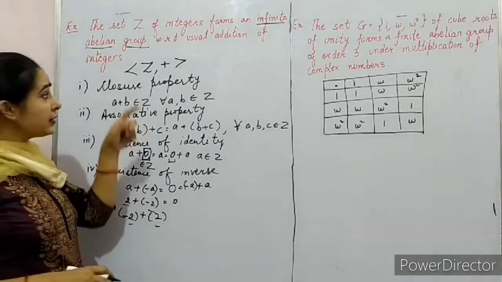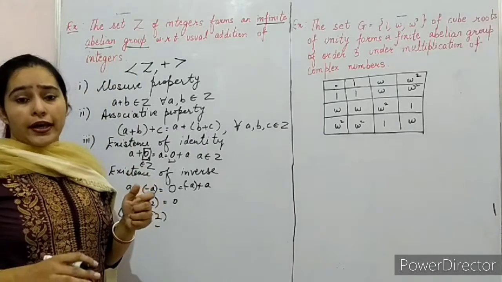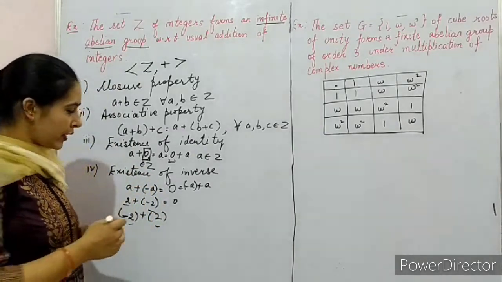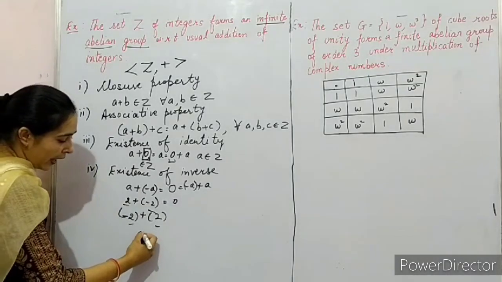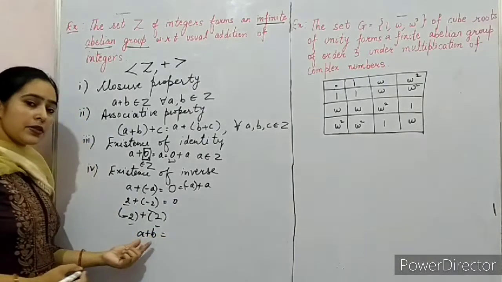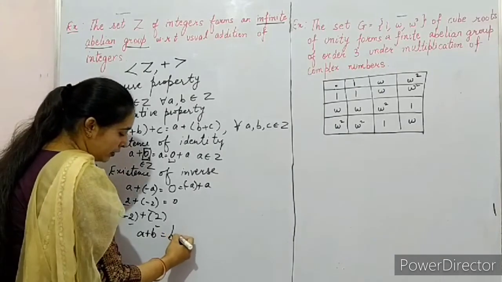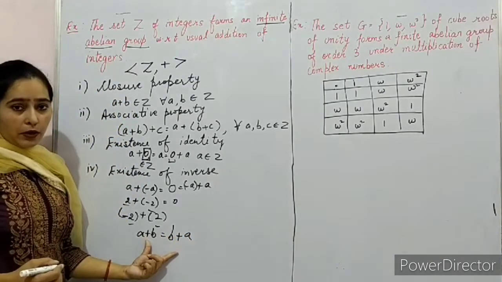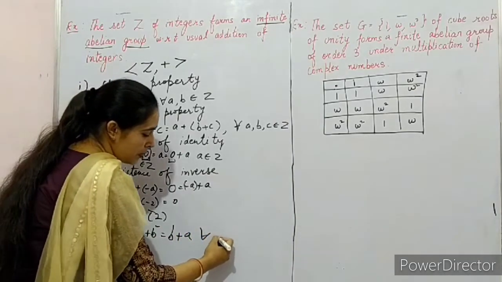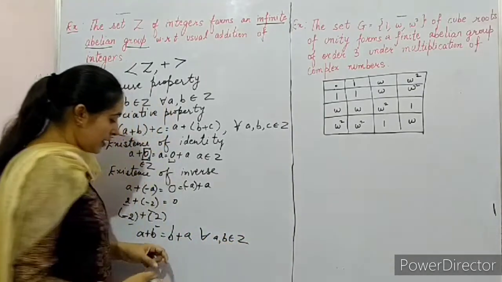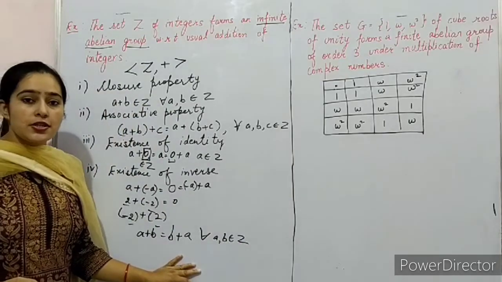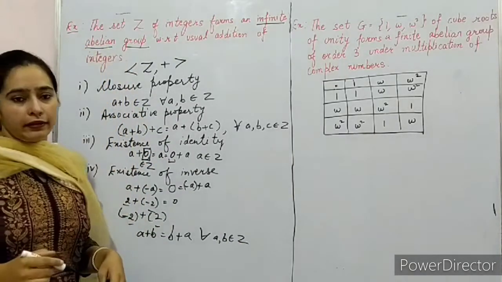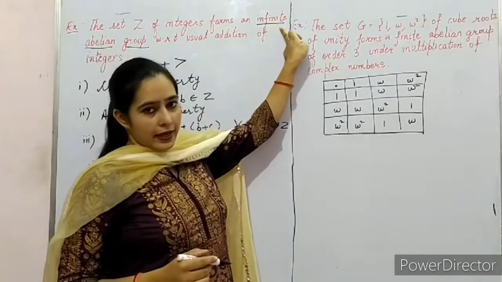Now we shall check whether this group is abelian or not. Group will be abelian if it satisfies the commutative property. And we know that if we add two integers like a plus b, or we can add b plus a, answer will be same, for all a, b belongs to Z. Why? Because addition of integers is commutative. So that means the group is abelian. Now next is infinite.